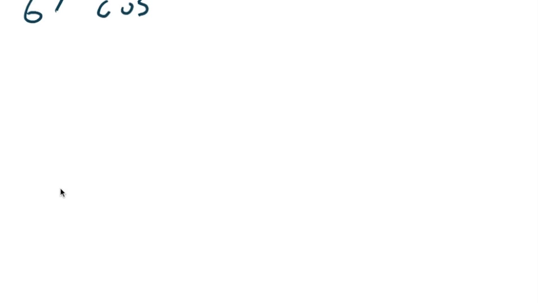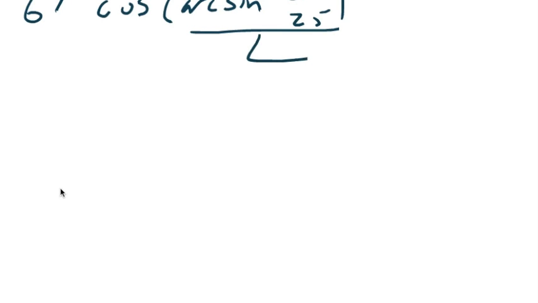Cosine of the arc sine of 24 over 25. So this says what angle has a sine of 24/25. Since arc sine has the range negative pi over 2 to pi over 2, this has to be in first quadrant since it's positive. So we can draw our triangle again.